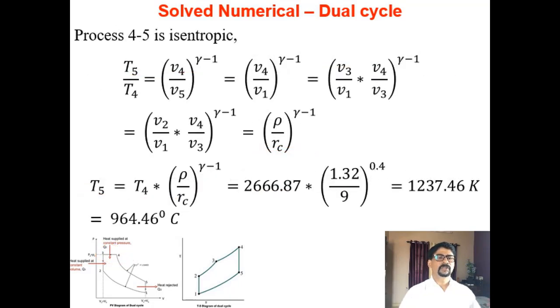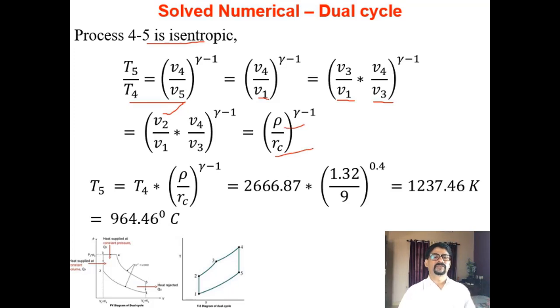Now coming to process 4 to 5, which is isentropic: T5 by T4 is equal to V4 by V5 to the power gamma minus 1, but V5 is equal to V1 here. So you can write it as V3 by V1 into V4 by V3. V3 is nothing but V2, so you write it as V2 by V1 and V4 by V3. V2 by V1 is nothing but 1 by RC and V4 by V3 is nothing but rho.